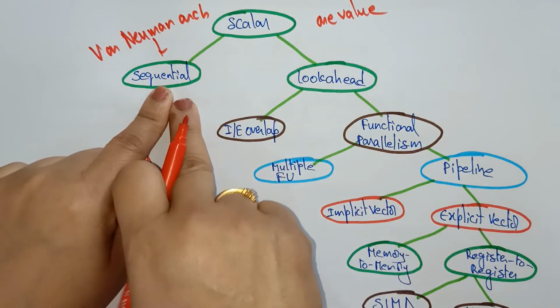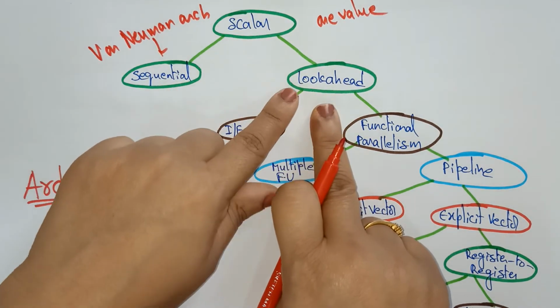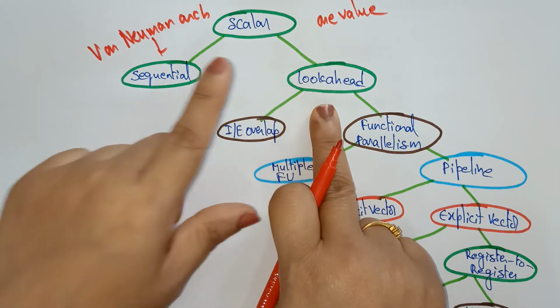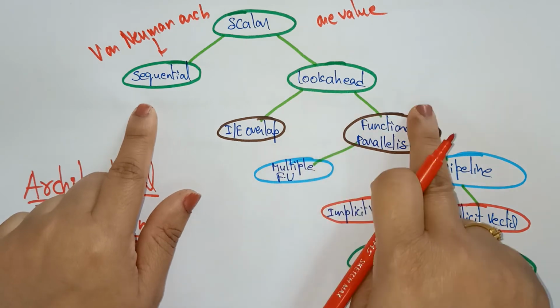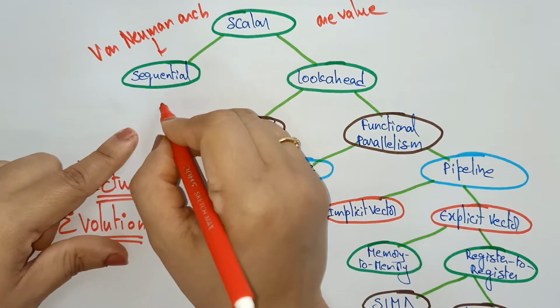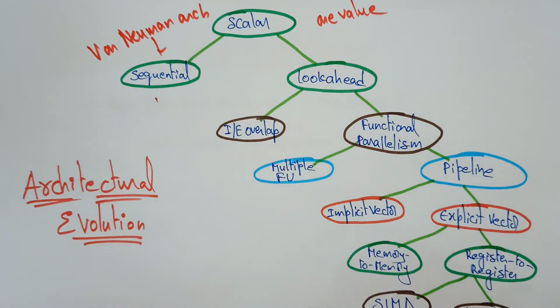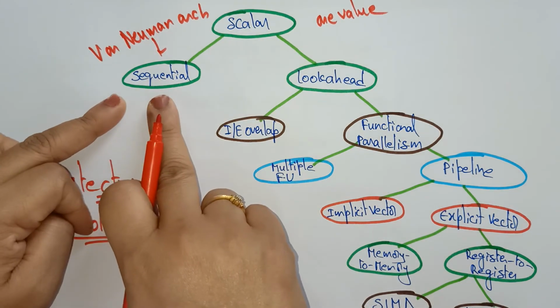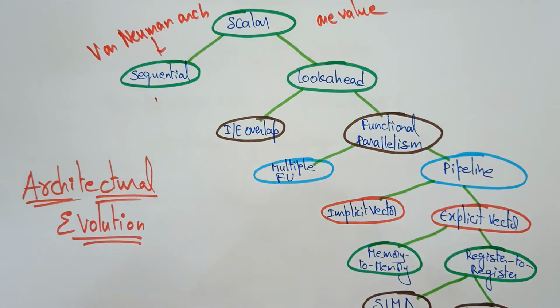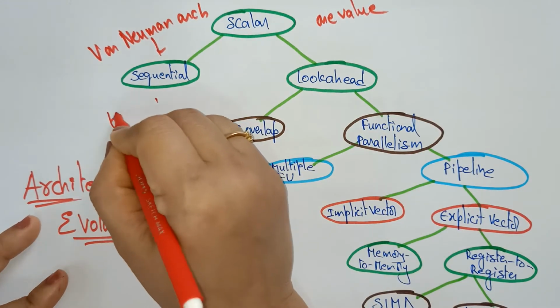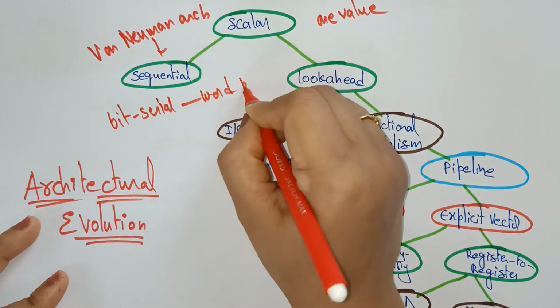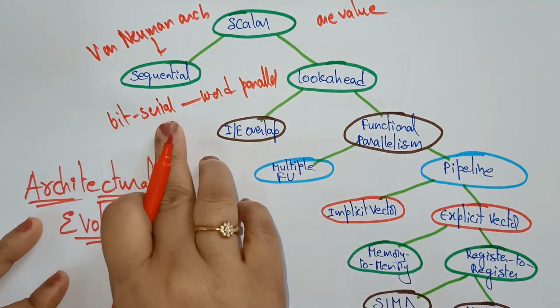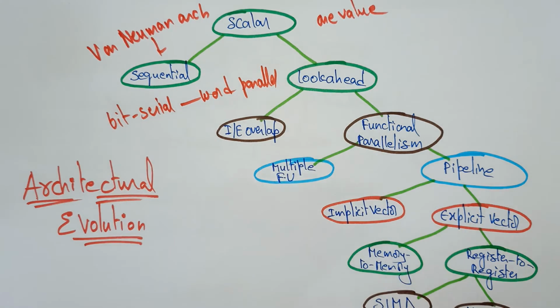Later the sequential will change to look ahead. The sequential computer was improved from bit serial to word parallel. We are talking about the evolution of architecture. Initially it takes only one bit after another in a serial manner.